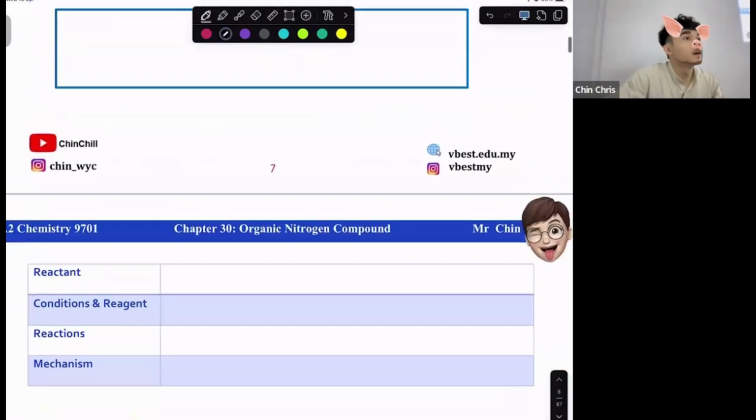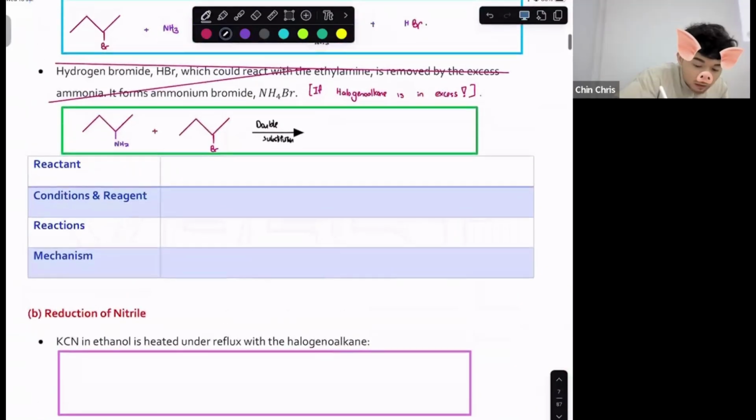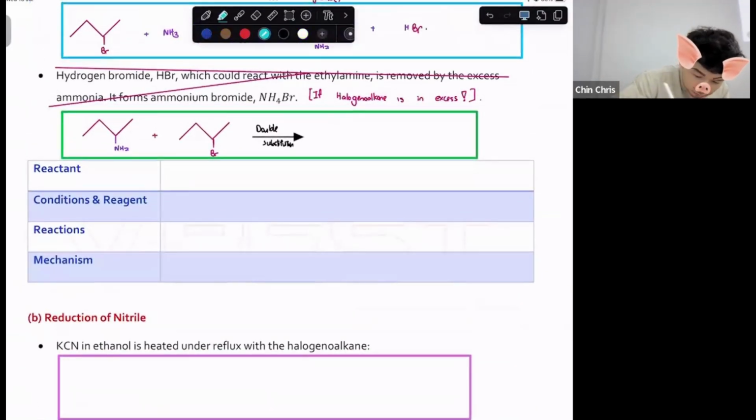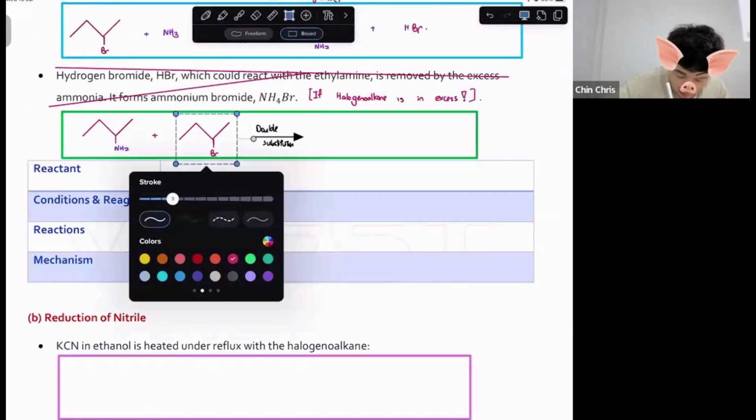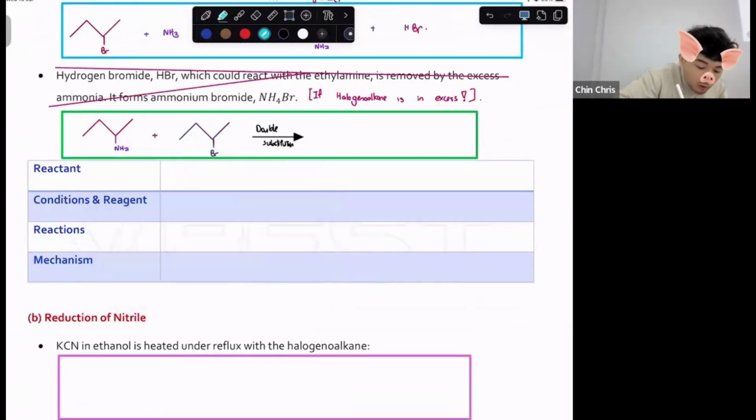Done? If you're not so sure, I'm going to change this to a different color, maybe gray. This hydrogen and the Br will be substituted. To draw it out, I'm going to draw 1, 2, 3, 4. Just now it was like that, towards the end.